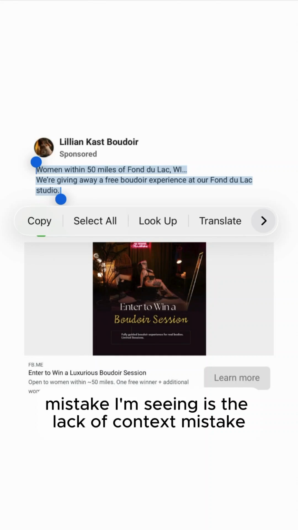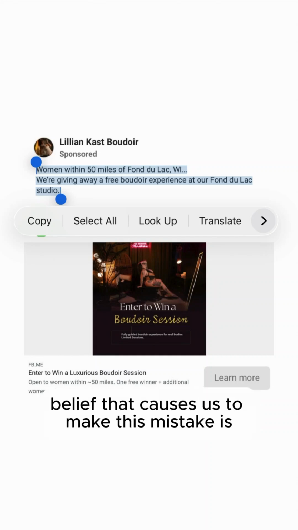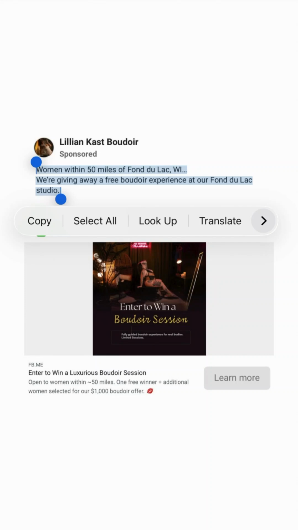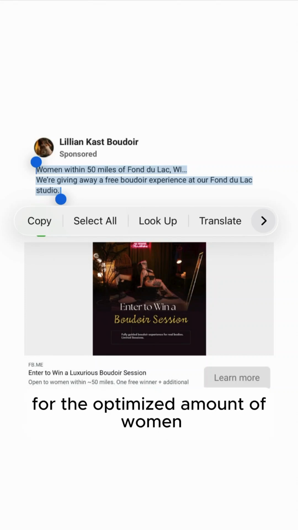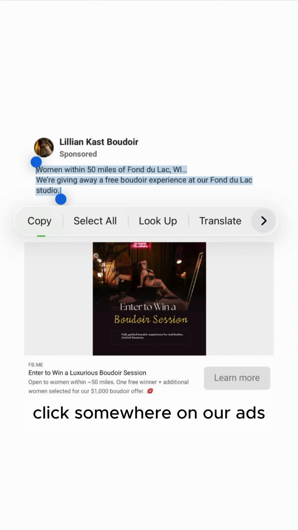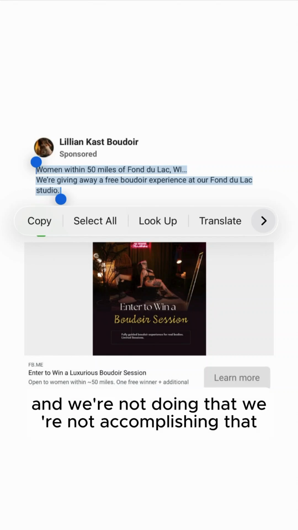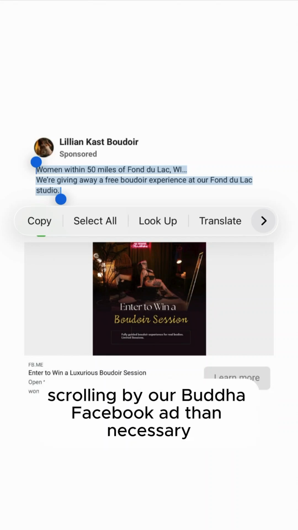So the mistake I'm seeing is the lack of context mistake. The false belief that caused us to make this mistake is that we falsely believe that we're providing enough context for the optimized amount of the correct women to click somewhere on our ad so our ad gets into their brain. And we're not accomplishing that. So the consequence is we're going to have way more women scrolling by our boudoir Facebook ad than necessary.